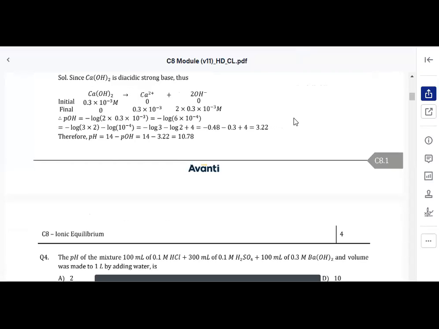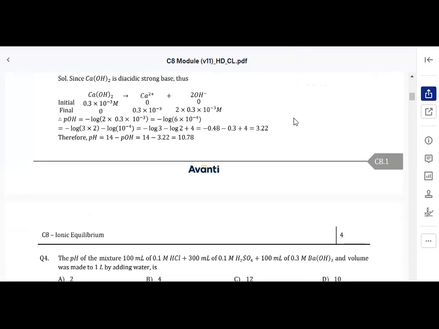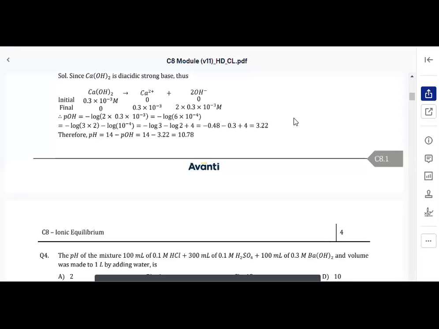Now next, question number 4. Everyone try solving question number 4. See, 4 at the bottom of the screen. The pH of a mixture of 100 milliliter of 0.1 molar HCl.